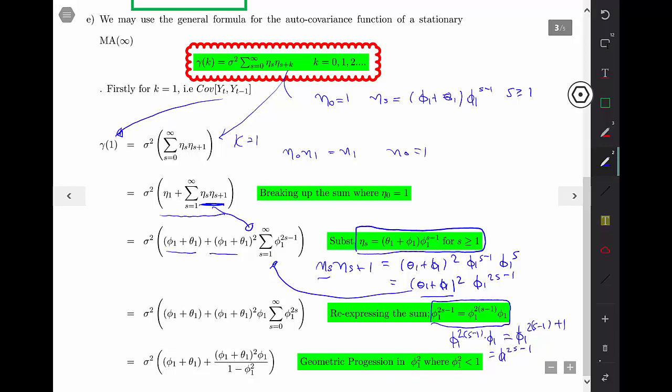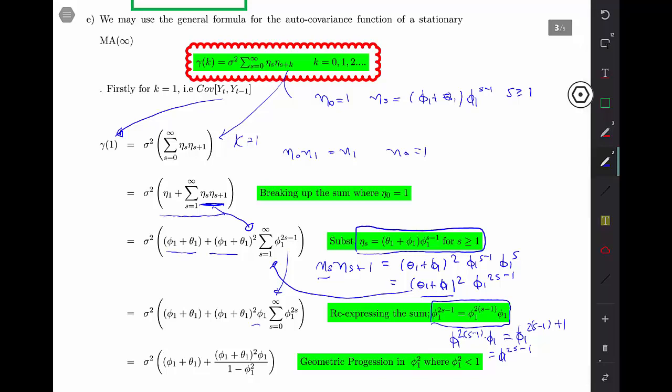When we expand that, we get 2s minus 2 plus 1, which is 2s minus 1. Then we can plug this in. Obviously the φ1 is going to come outside, and we've also lagged it back one period. We've re-expressed the sum, as we've done before.